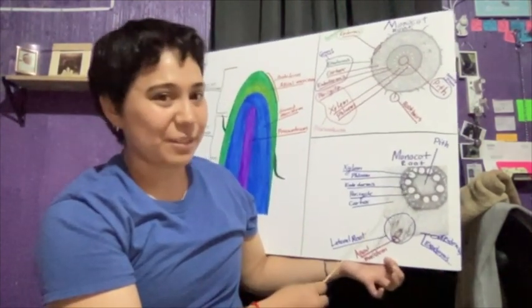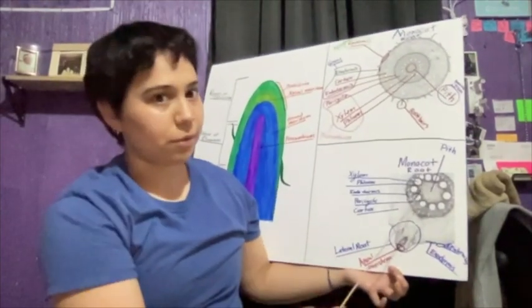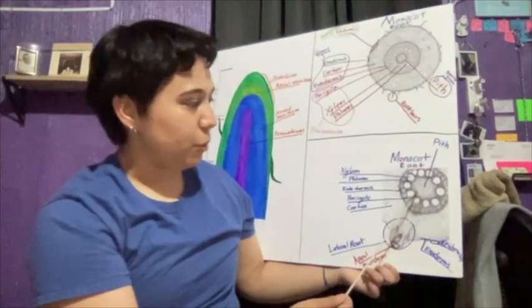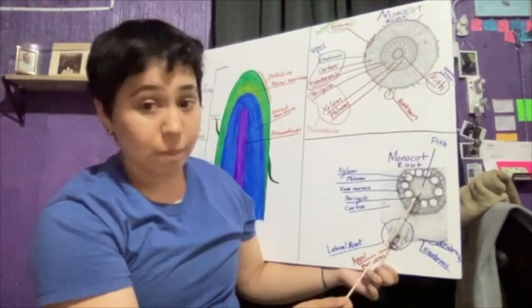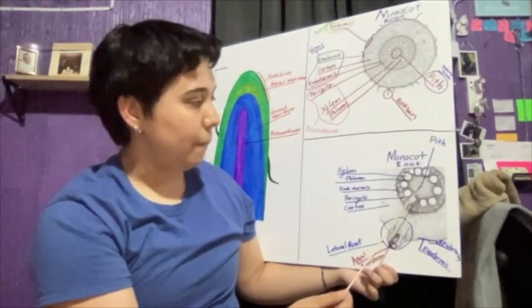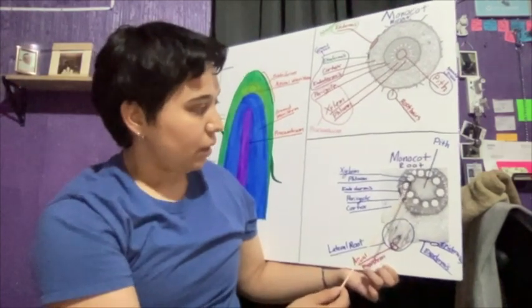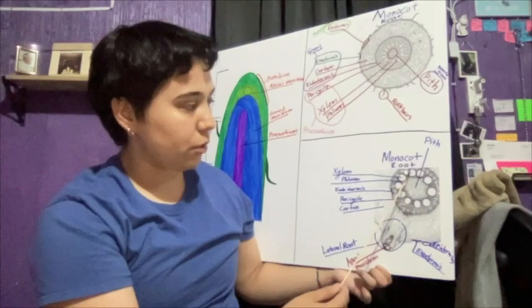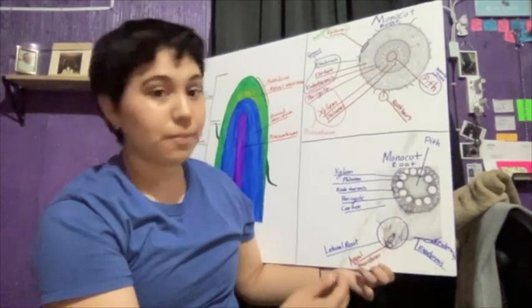I forget what cut this one was, but it's the opposite of the previous one. You can tell it's a monocot because there is no X in the middle of the root, and there's just a bunch of little circles that form a big circle around the middle.